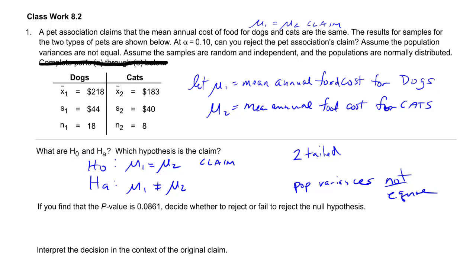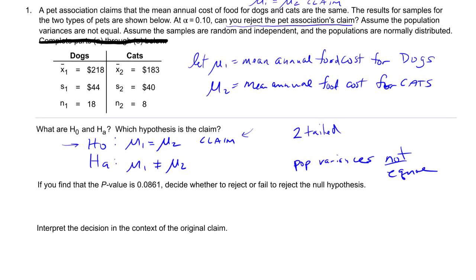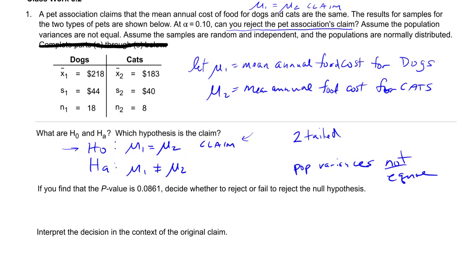Okay. So now that we have it all set up, notice that our claim is in the null hypothesis, so we're in a rejection mode, and that's why they're asking whether we can reject the pet association's claim, but we'll see whether we can or we can't. This is all the information that we would put into all those formulas or use some technology to figure out.